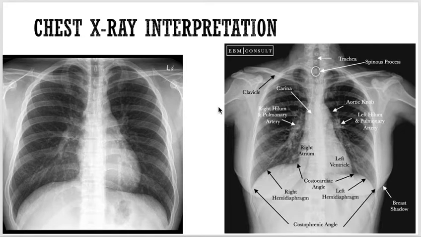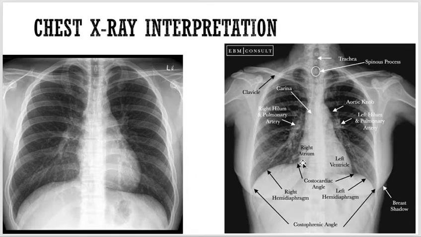The structures which we have to assess on the chest X-ray are the heart and the major vessels, lungs and pleura, mediastinum, which means you have to see both the hila, and bones and the soft tissues.